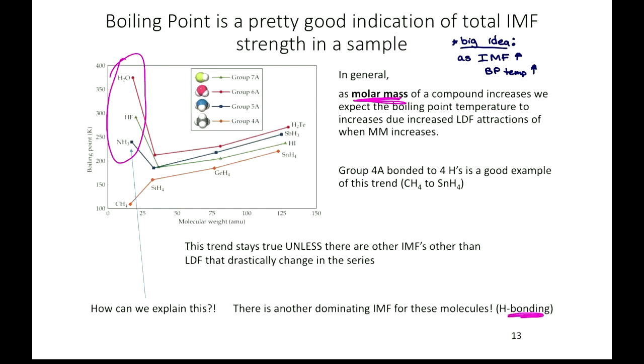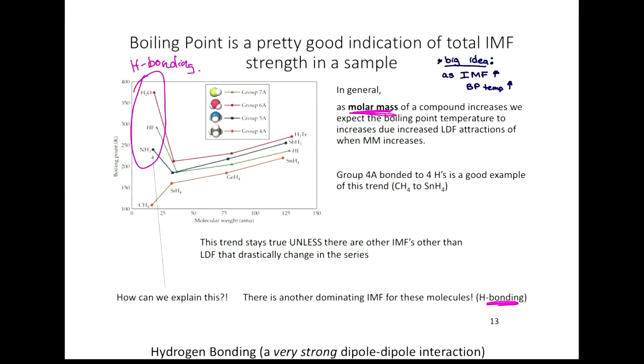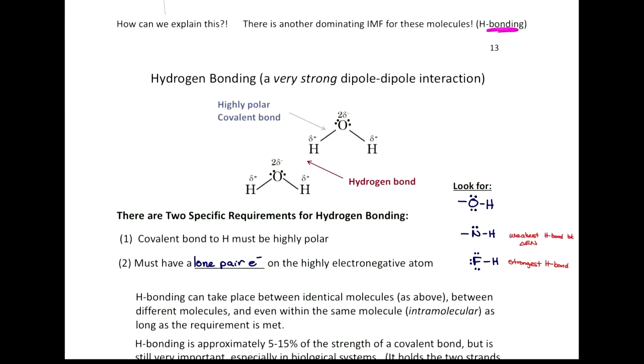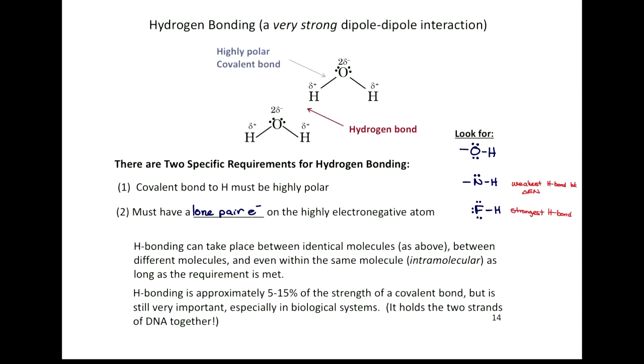Hydrogen bonding is happening between water, HF, and NH3, and there's a certain criteria that we have to have in order for hydrogen bonding to occur, and I will show you down here. So basically, hydrogen bonding is a very, very special dipole-dipole attraction.